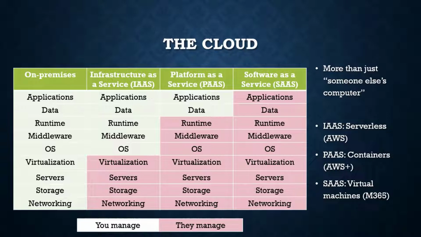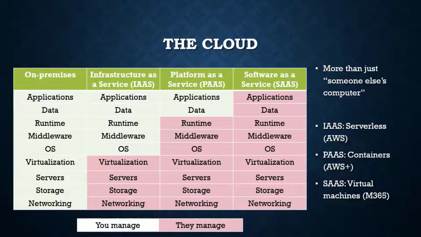You've probably heard of these descriptions of cloud services, the levels that the cloud services provide. Infrastructure as a service is the basic cloud. Basically virtual machines replace your servers. The cloud service provider handles the virtualization and the actual hardware.